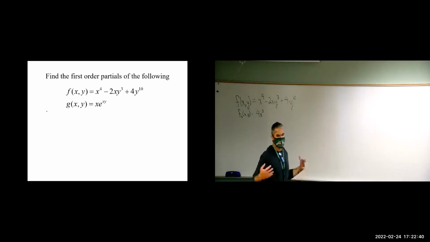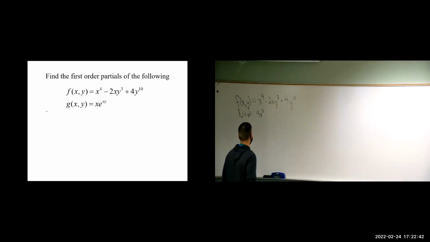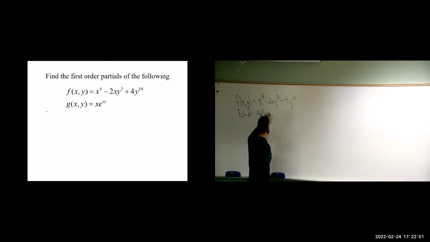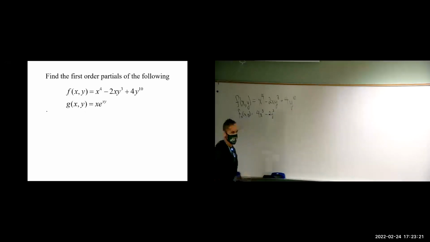It's a constant, so you treat it like a constant. So this is a constant, this is a constant. What's the derivative of x? 1. So I just get minus 2y cubed. That's it. Doesn't need a product rule or anything. It's not a product because only one of them is a variable. 0. f sub x is done.